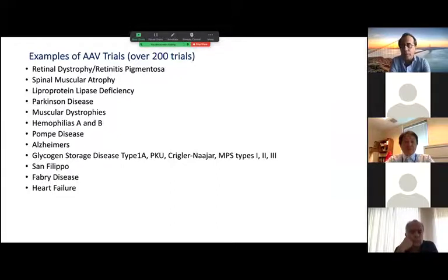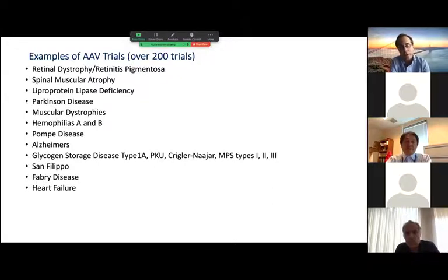Retinal dystrophy was really the first licensed product in the United States. There was a previous approved product, for lipoprotein lipase deficiency in Europe. It wasn't approved in the U.S., and subsequently it's no longer being produced. I think there were some questions about efficacy, and it's an extremely rare disorder.